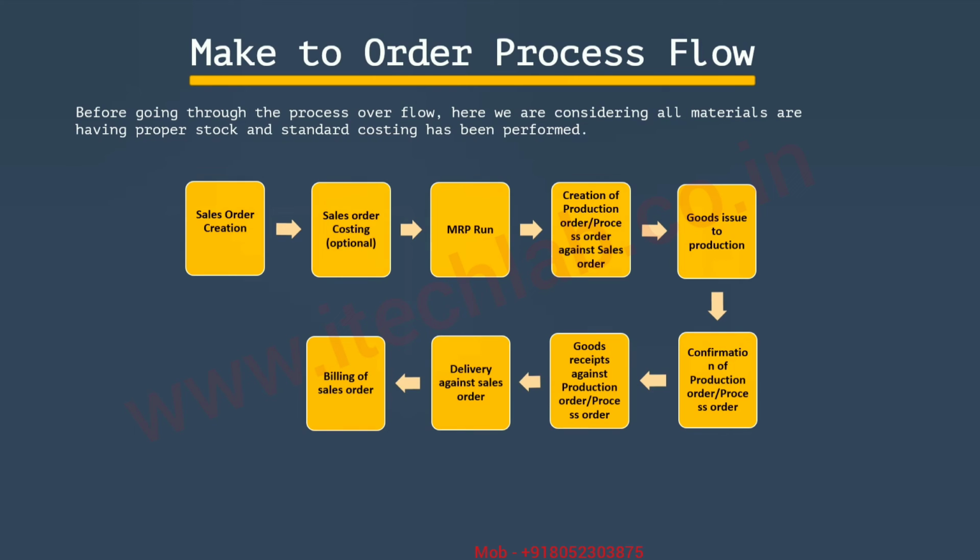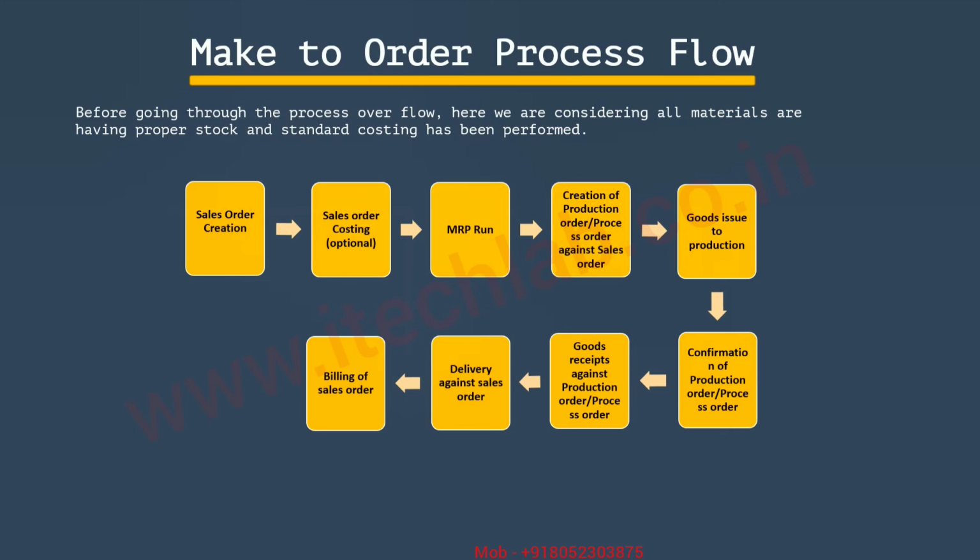Coming back to the process flow, it is the same as MTO in valuated stock: sales order creation, sales order costing is optional, MRP run, creation of a production order against the sales order. Remember, in MTO, a production order or process order is always created against a sales order, because the stock is going to be on the sales order stock. That is going to be restricted stock for the sales order.